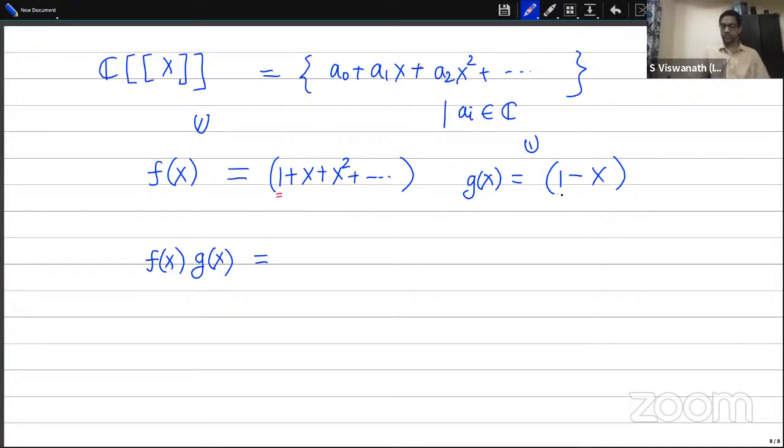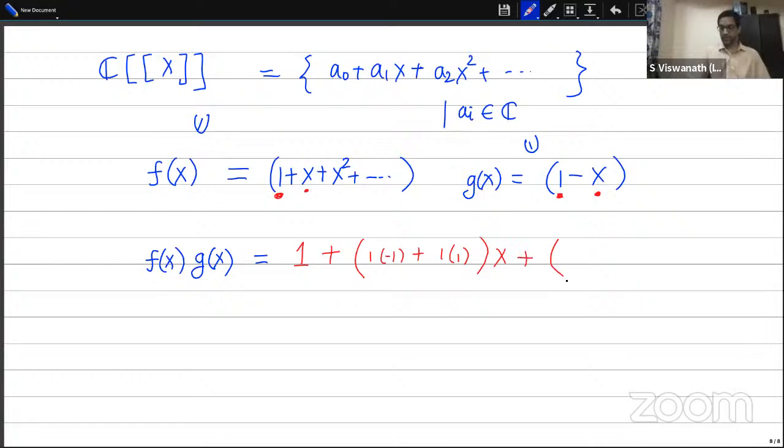My definition was I have to multiply the two constant terms together. So this is a 1. Plus, the coefficient of x is the constant term of the first guy multiplied by the coefficient of x of the second guy, plus the coefficient of x of the first guy times the constant term of the second guy, a0 b1 + a1 b0. So I do that. Here I get 1 into -1 plus 1 into 1. That's the coefficient of x.